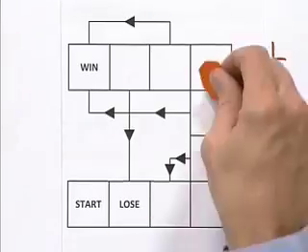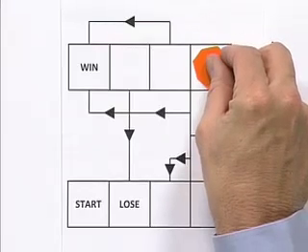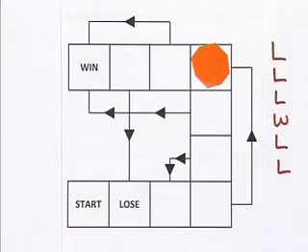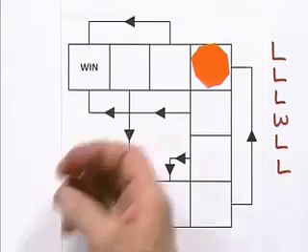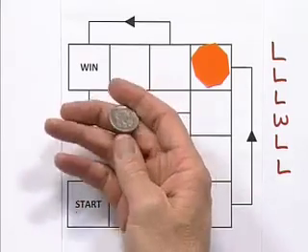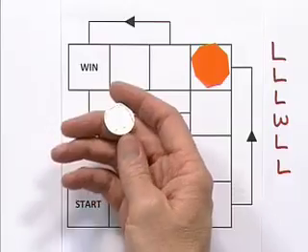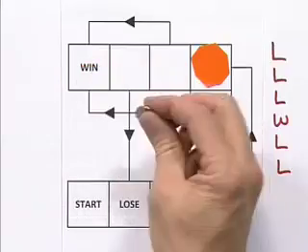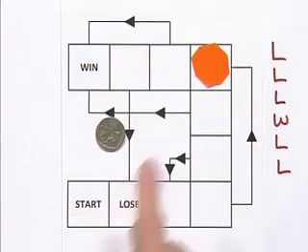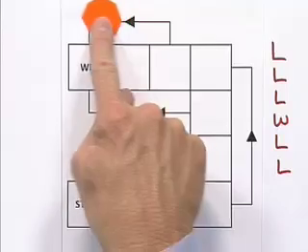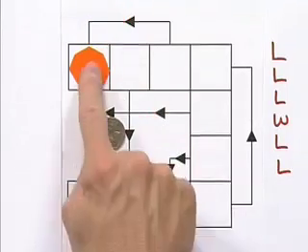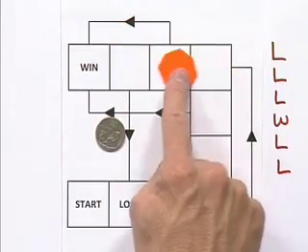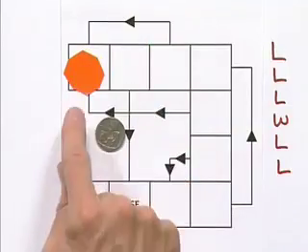I think you've pretty much got it. Let me show you what I mean. What we've established is that having survived the first toss of the coin, we next effectively land on this square. Once again, we now expect half of the tosses of the coin to result in a head and half of the tosses to result in a tail. If I get a head, I move forward one and win the game. So I have an expectation that I will win half of the games from that position.